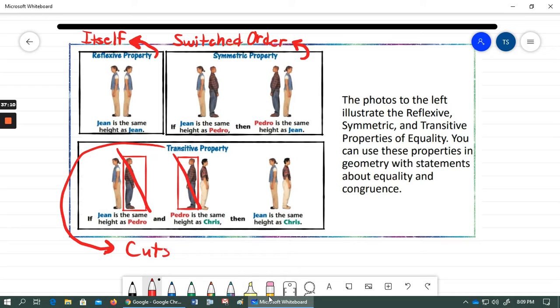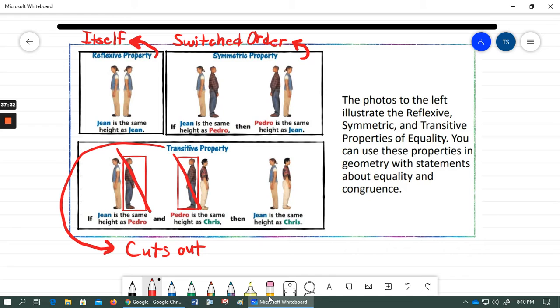Okay. So the transitive property, and what I'm writing here about the whole itself thing, the whole switched order, and the whole cuts out the middleman, is just a little layman's terms thing to help explain.